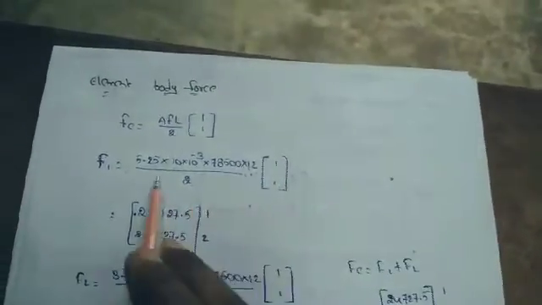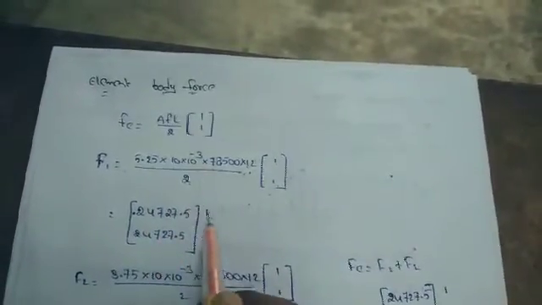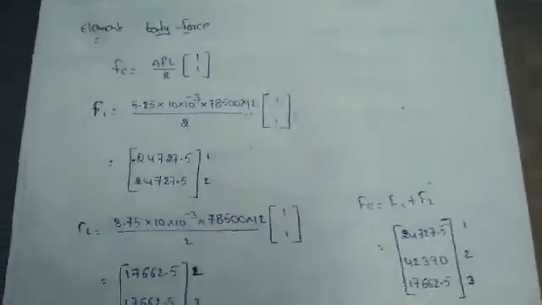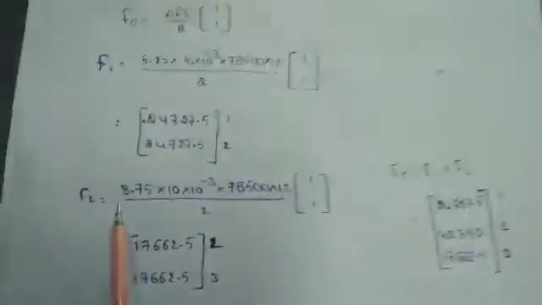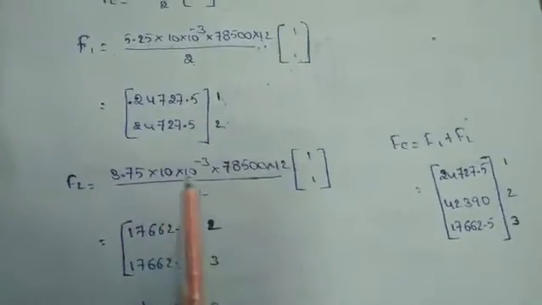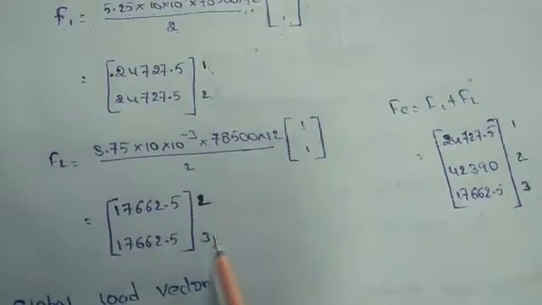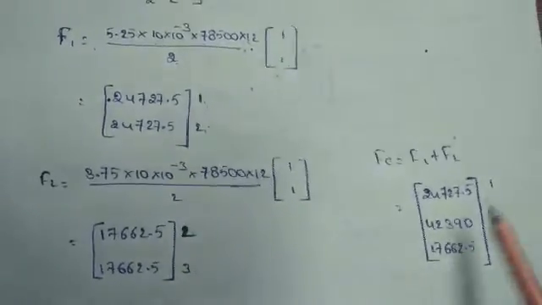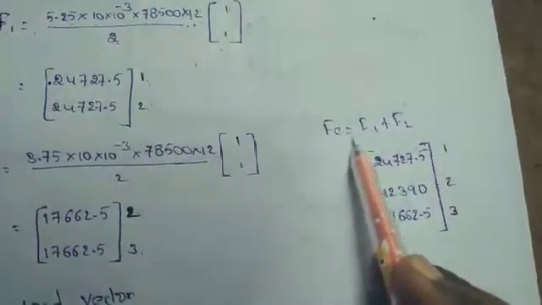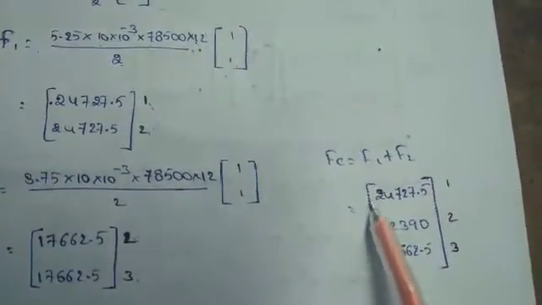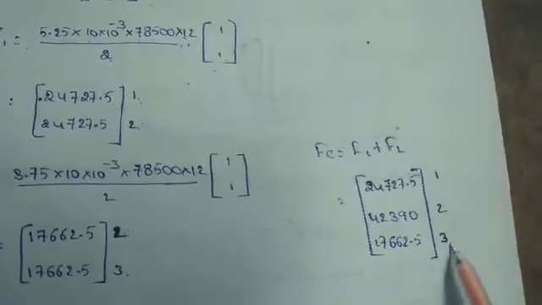Here the values came, and indicate the nodal numbers. The first element's nodal numbers are 1 and 2. Okay, similarly you have to calculate the F2 value also, with the same procedure. You have to indicate the nodal numbers 2 and 3. Okay, here the global body force is F1 plus F2. You have to open the bracket and keep 1 2 3 on the right side.